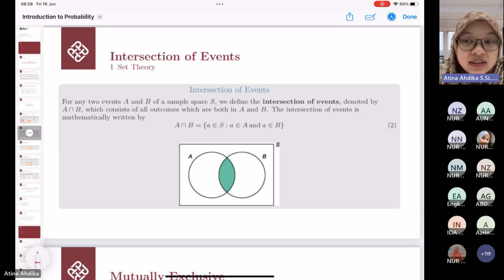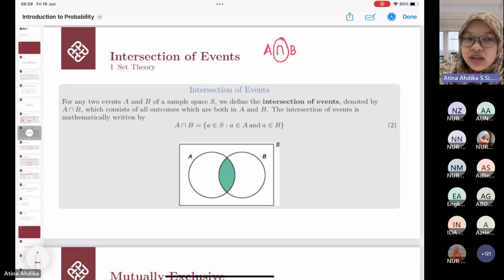Okay, for the second property of events, we have intersection of events. For any two events, A and B of the sample space S, we can define the intersection of events, denoted by cap like this. We call this symbol cap, and this is the intersection of events.